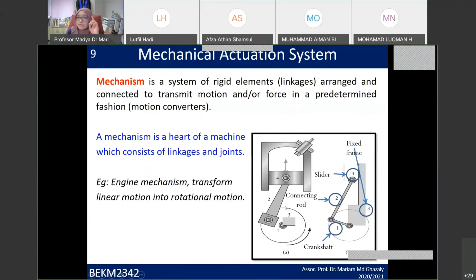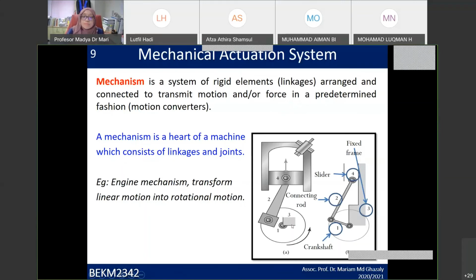So the first initial point only is to start the rotation, and after that, this linear motion actually gives the rotation to this crank. Okay, it's going to move, right?